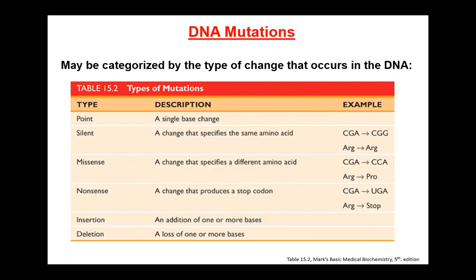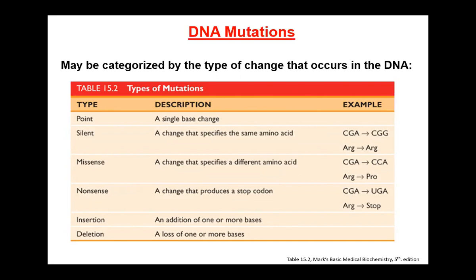And usually when we think about mutations, we think of them as perhaps having some sort of serious detrimental effect on either a cell and or an organism. However, sometimes mutations have no effect at all. And we'll talk about that in just a second here.